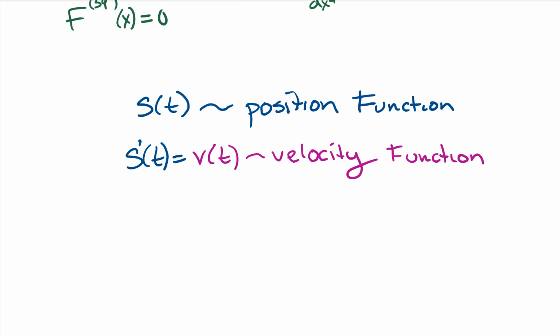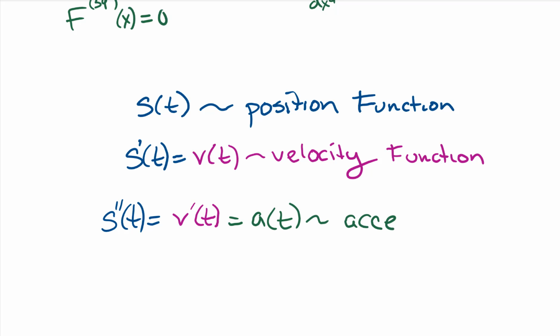And if you take a second derivative, two of those derivatives on the position function, which is actually just the derivative of the velocity function, oh my gosh, it's amazing how the world works like this. This is actually just the acceleration function. So everything is all tied together.